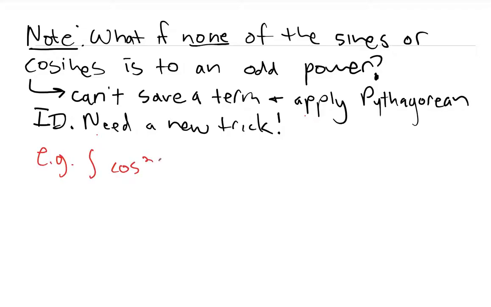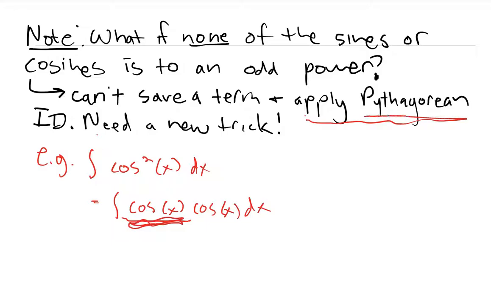Let's just say I throw out a generic cosine squared function. The first step of trig integral trick number 1 was to save something for a du, and you'll notice that if we try that here, the leftovers of the problem that we need to rewrite will not let us apply the Pythagorean identity, sine squared plus cosine squared equals 1, because I can't get this in that format without some sort of trick like the square root of cosine squared.